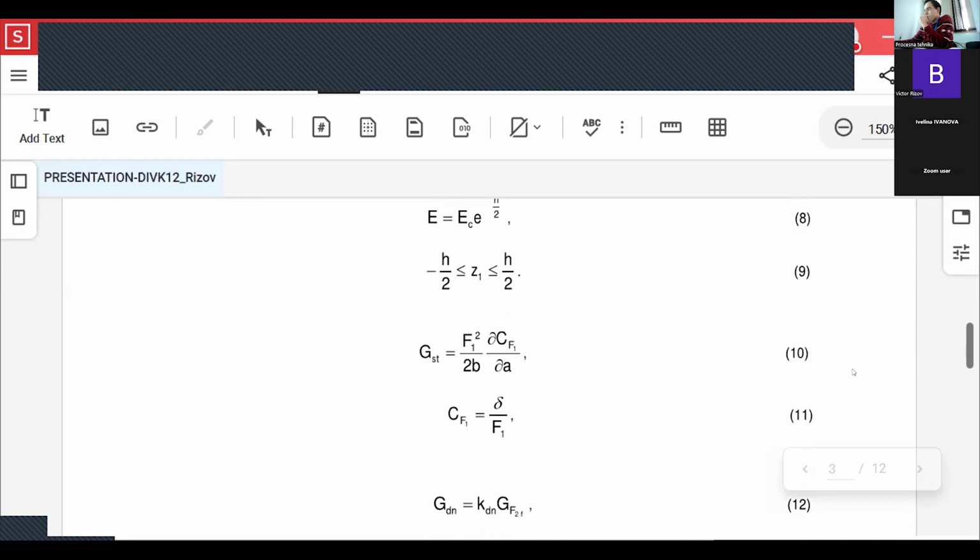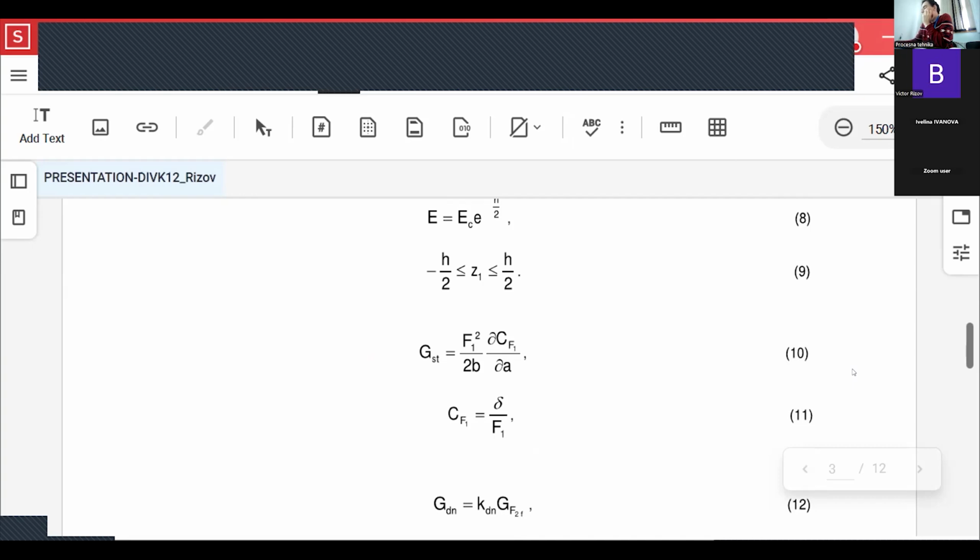Then equation number 12 is used to estimate the dynamic strain energy release rate induced by force F2. In this formula, GF2 is determined by applying equation number 10 by replacing F1 with F2.